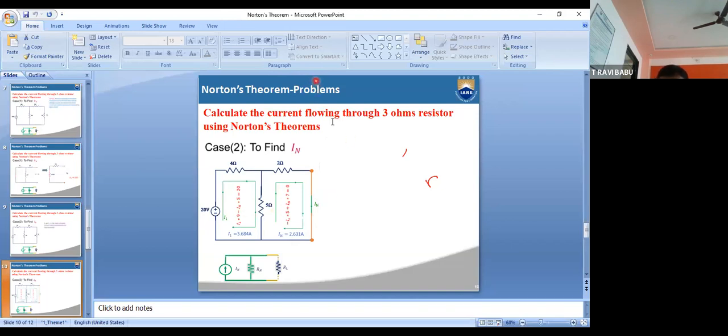Minus 20, plus minus. Wait a minute, it is going to arise in the mesh there also. So minus 20.